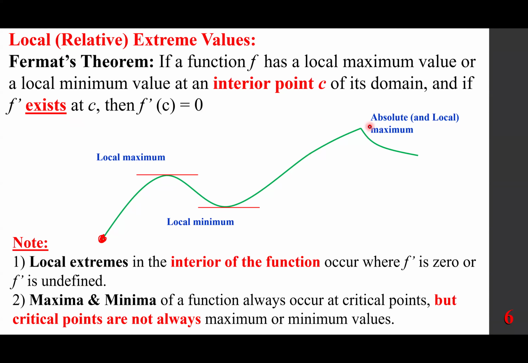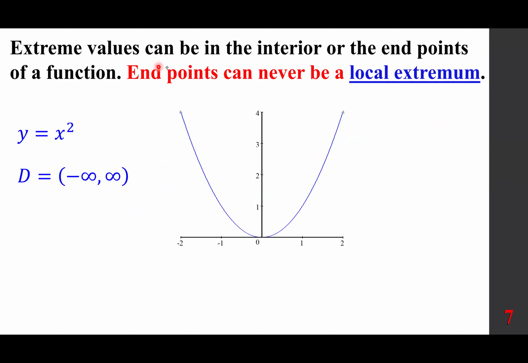But if it's a critical point, meaning f prime is 0, it doesn't necessarily mean it's a maximum or minimum. It may or may not be. You have to further investigate. Extreme values can be in the interior or the endpoints of a function. Endpoints can never be a local extreme.